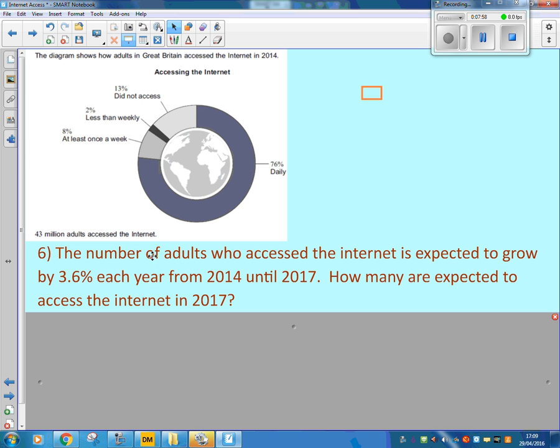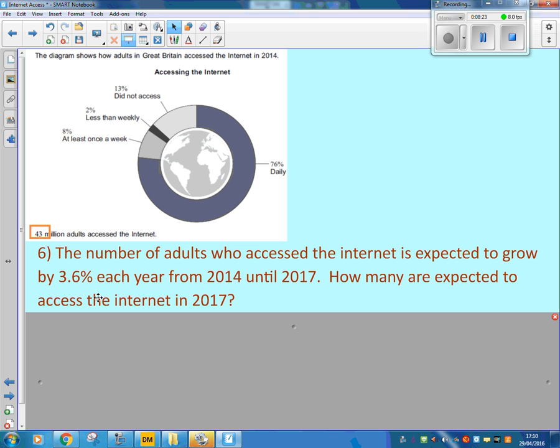Next question. The number of adults who access the internet is expected to grow by 3.6% each year from 2014 to 2017. And we've got to say how many we expect to be using the internet in 2017. Well, the number accessing the internet in 2014 is that 43 million. And it's increasing by 3.6%.